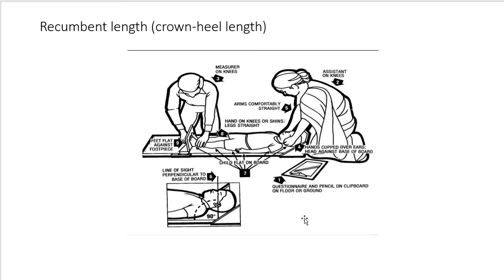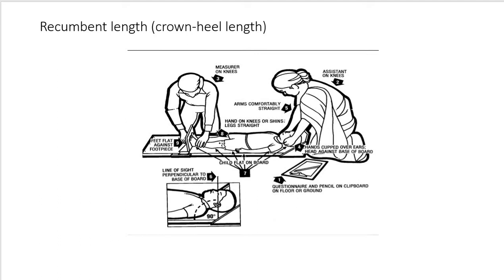Here you can see two people are required for taking the recumbent length. This is the infantometer. They make the baby lay down, and the head touches the board at the crown. The knees should be stretched and the feet stretched straight.